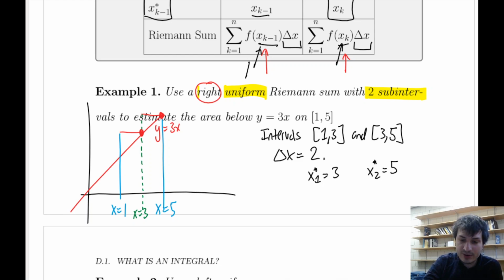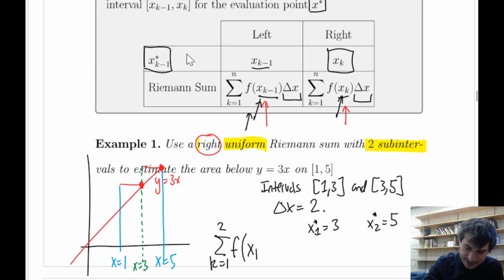You could also just directly use the formula. The formula is going to be the sum from k equals 1 to 2 of f of x. We're doing a right Riemann sum, so it's f of xk times delta x.